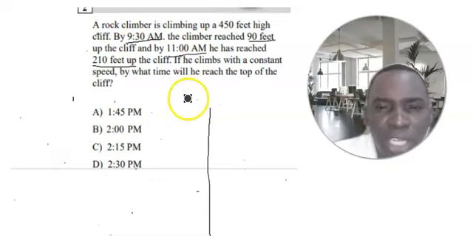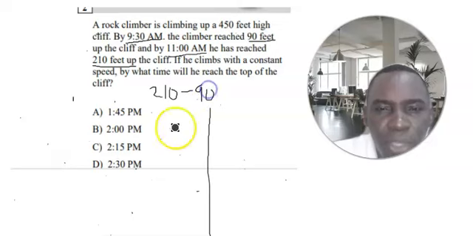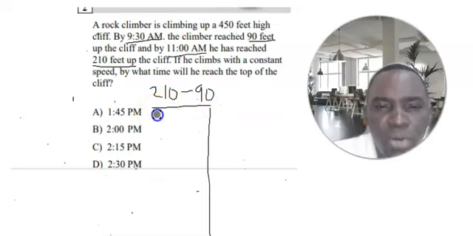So what that means is that 210 minus 90 feet, all over 11 minus 9:30. Do you understand that?